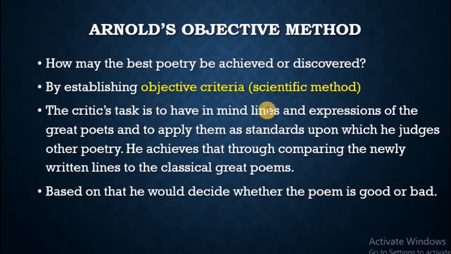Just like in scientific methods we have some facts or standards based on which we come up with theories, and based on which we measure or compare the phenomena that we observe, Arnold is trying to do the same in literature. We see a new poem and then we try to compare it to the great established poems.